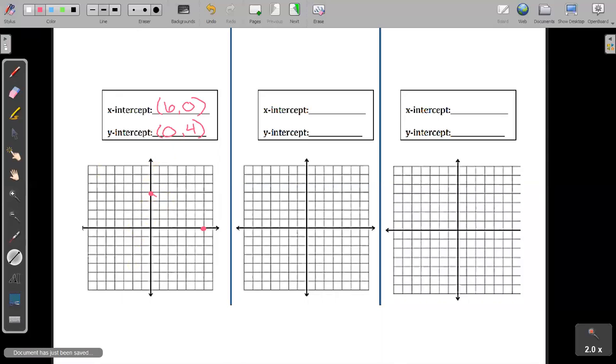Don't forget our line goes past the point all the way to the edge of the graph. And we have arrows on the end because a line continues on. Please stop me if you have any questions.